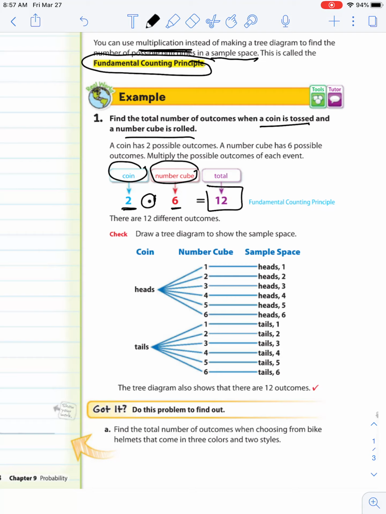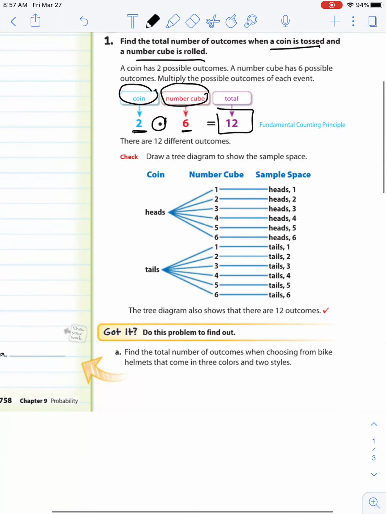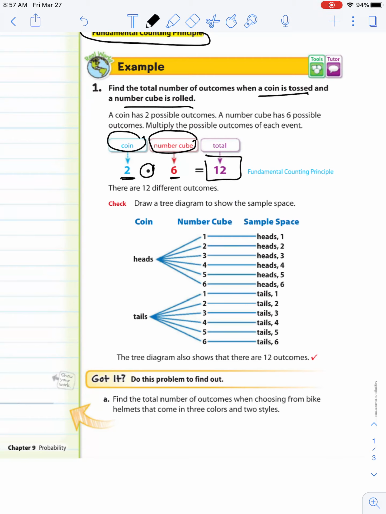And then you would get 12. So there would be 12 total outcomes in the probability experiment.